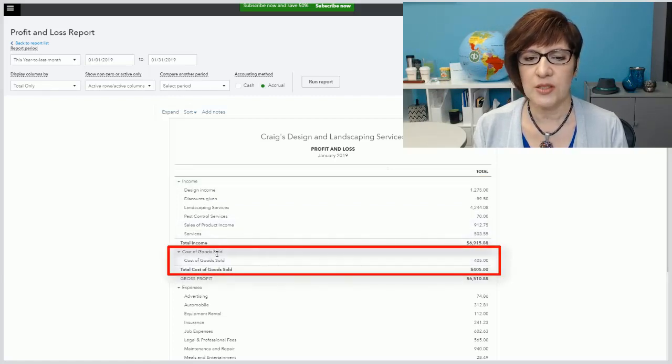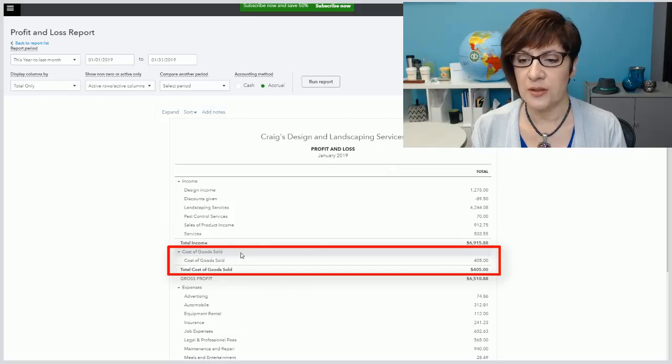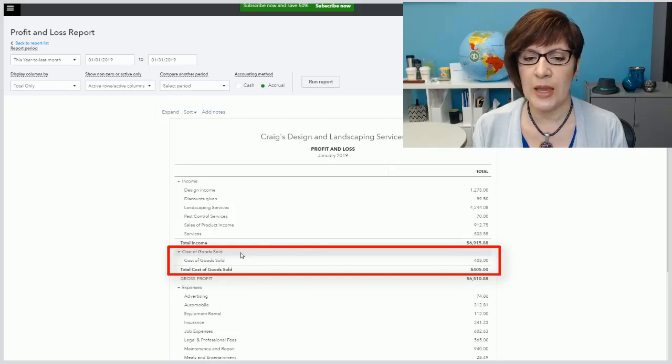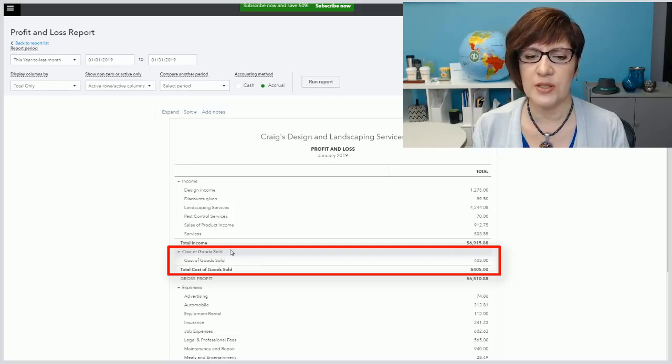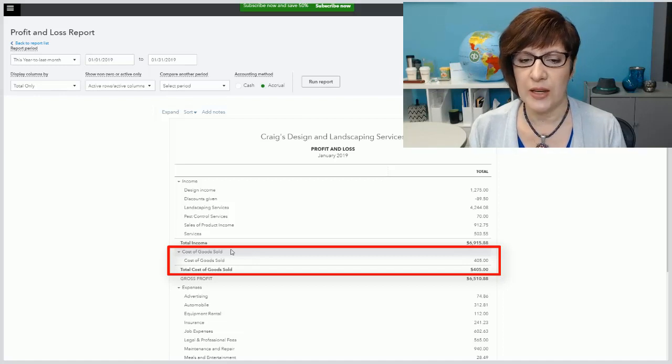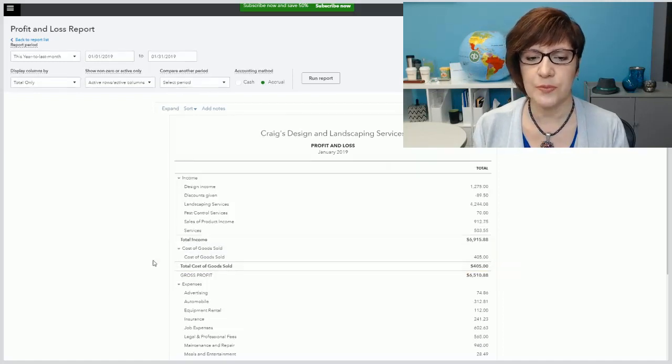Then you have cost of goods sold. If you sell product, you would have cost of goods sold. Sometimes you may track cost of service. So that is the cost of the product or services that you provide to your customers.